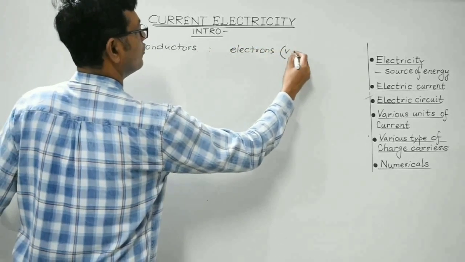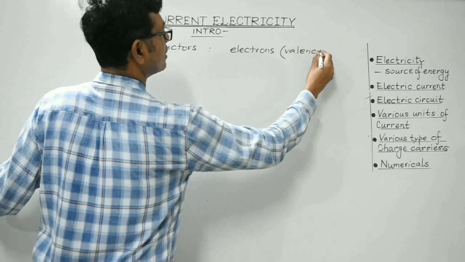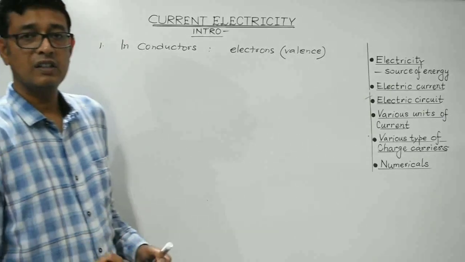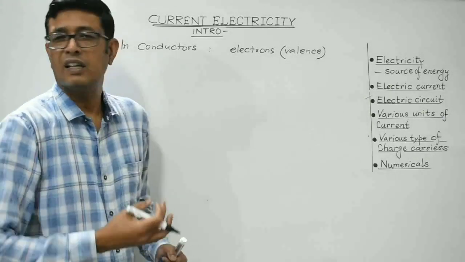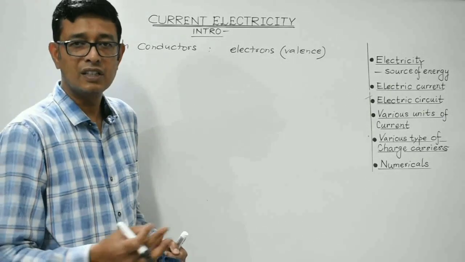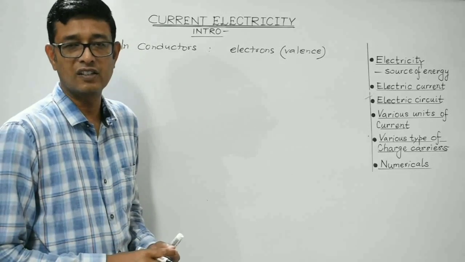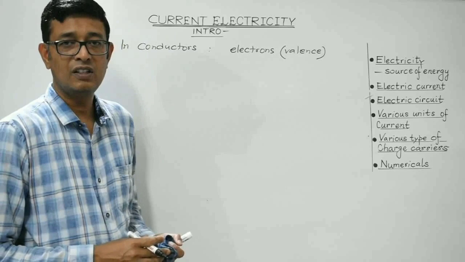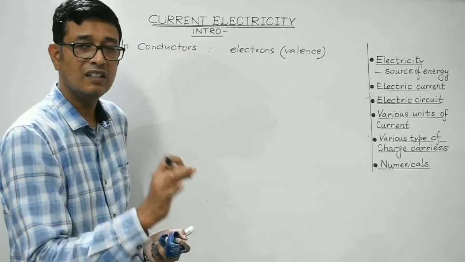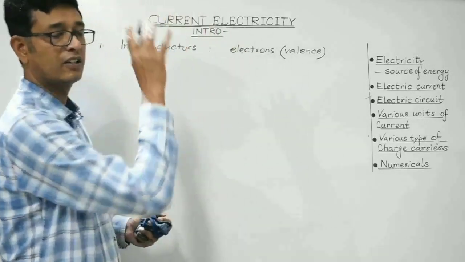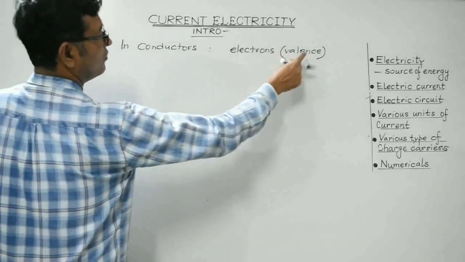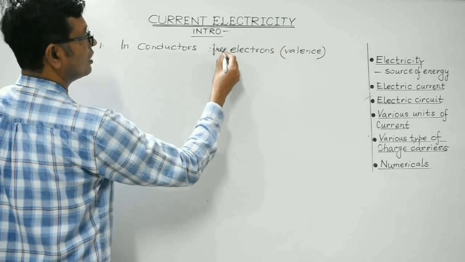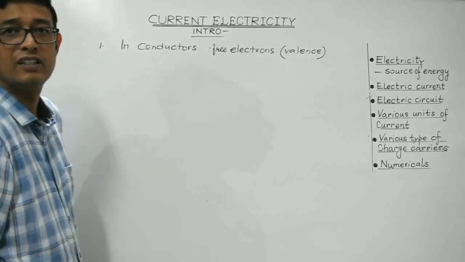Always remember, in conductors like copper, aluminium, iron, silver, which are all very good conductors of electricity, there is a large number of free charge carriers, which are free electrons. They are free to move about inside a conductor.